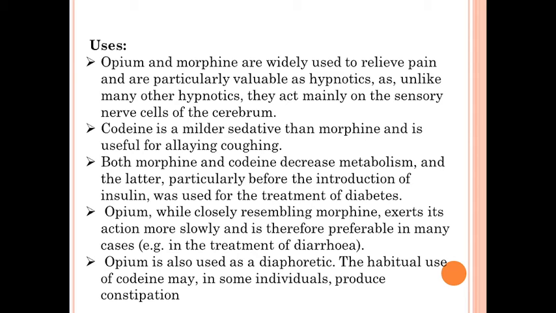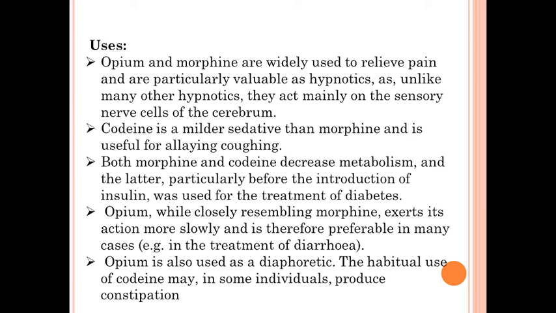Opium is also used as a diaphoretic. Diaphoresis is an autonomic manifestation caused by an adrenergic stress response. Those patients who are taking opium are under some stress, and due to that diaphoresis will occur.